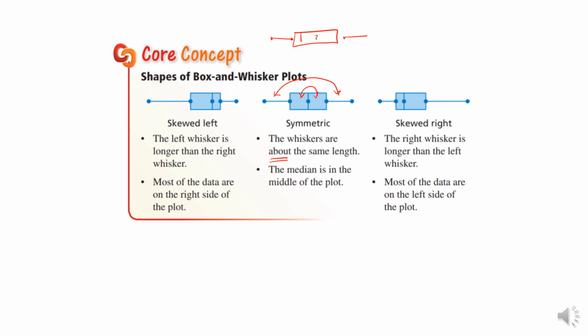There's a whole bunch here. That means 50% of the data is over here, and 50% of your data is here. So you got to be careful with that kind of thing. And then this one is skewed right. You can see that the right whisker is much longer, and so it would be skewed right. Okay? So always look at the shape of the data. That will help you make that determination.